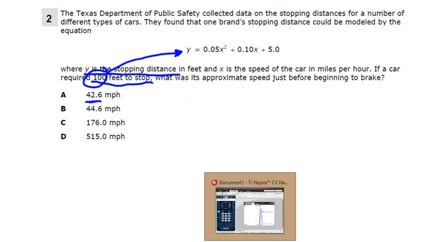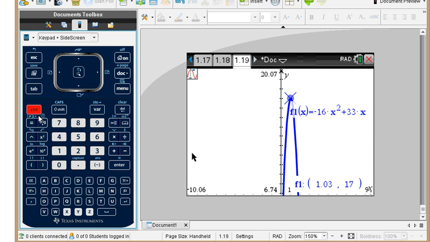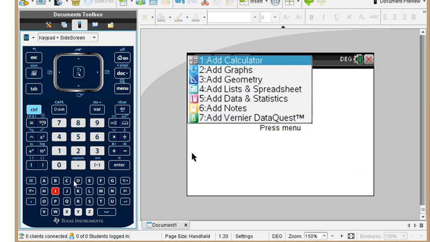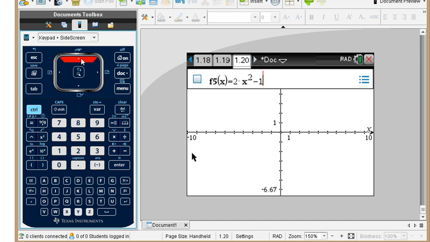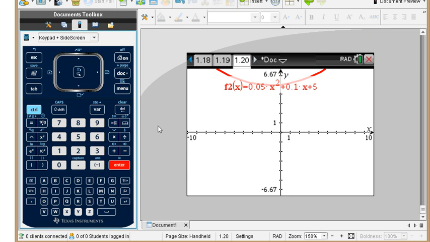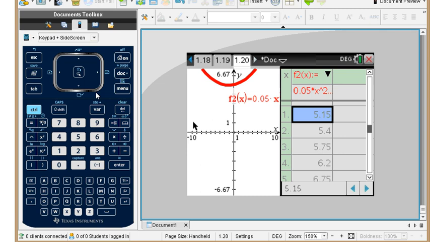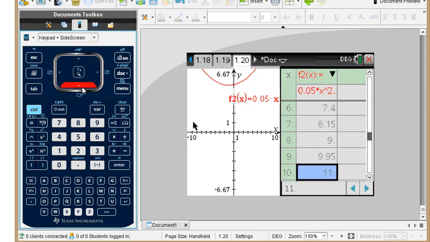But I did graph this function, and if we go to Control I, we go to this right here, and if we add graph, and we graph this thing right here, we can go to the table view, and we can see for x values, and I'm scrolling down the y values.